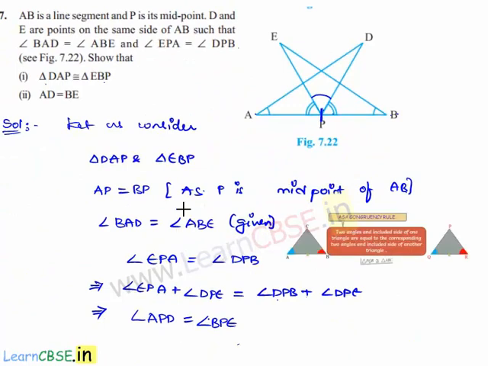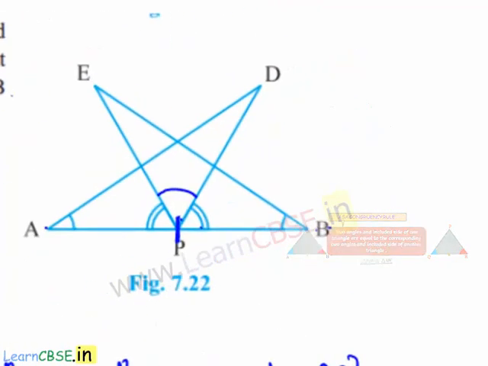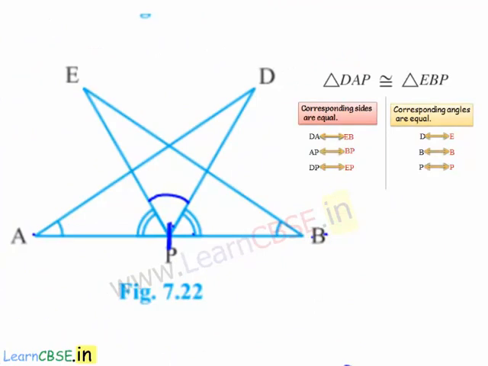Now according to ASA property, triangle DAP is congruent to triangle EBP. When two triangles are congruent, then their corresponding sides will be equal. Therefore we can say that AD is equal to BE.